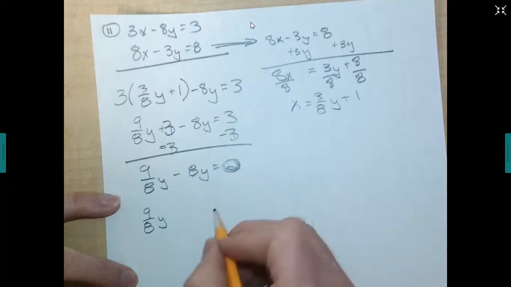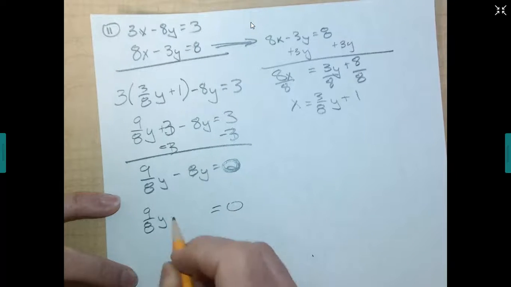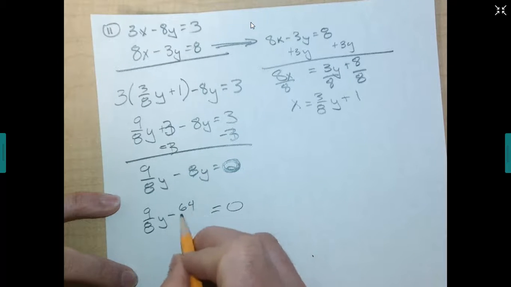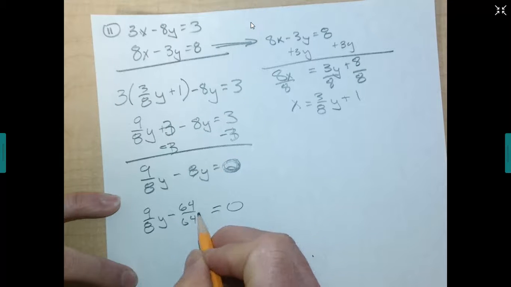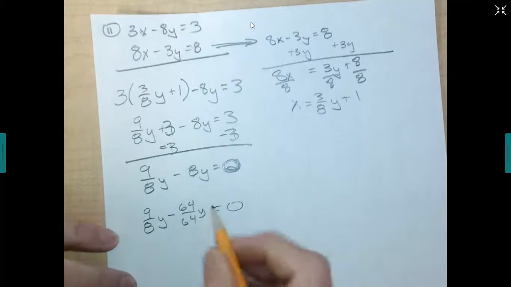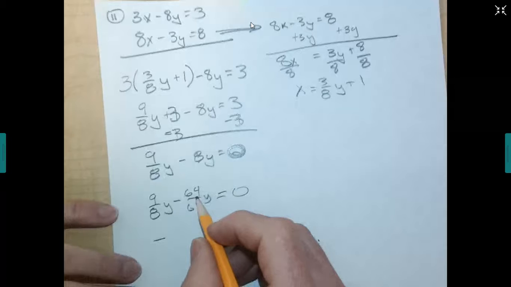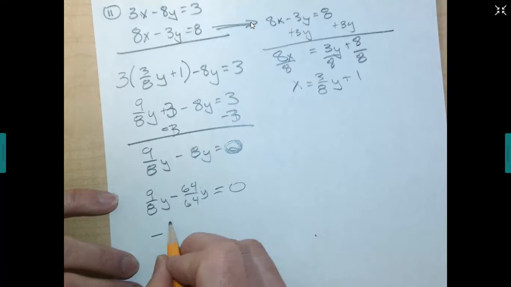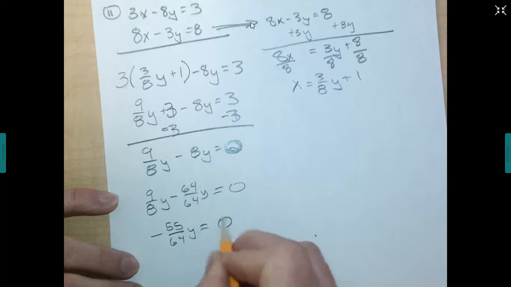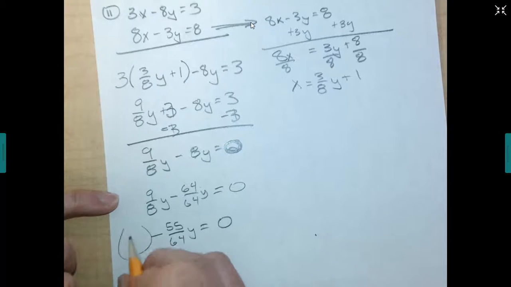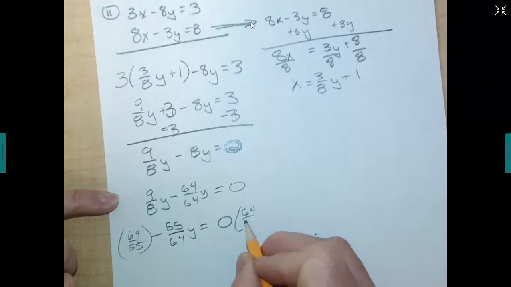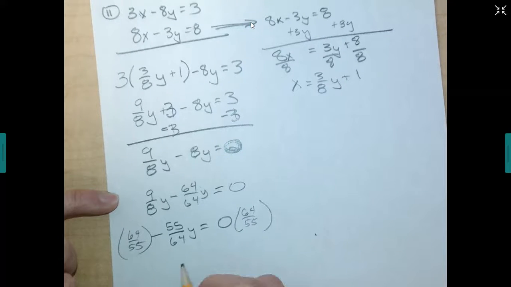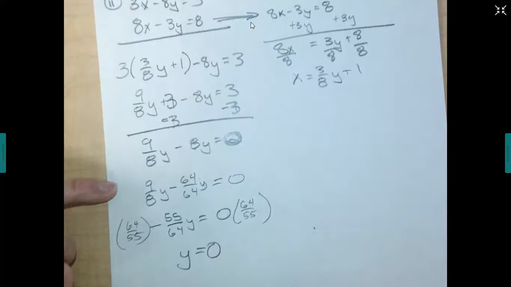So then, whatever I get here, I get minus 64, 64ths y. So 9 minus 64, that's negative 55/64 y equals 0. Multiply by 64/55. I get y equals 0.